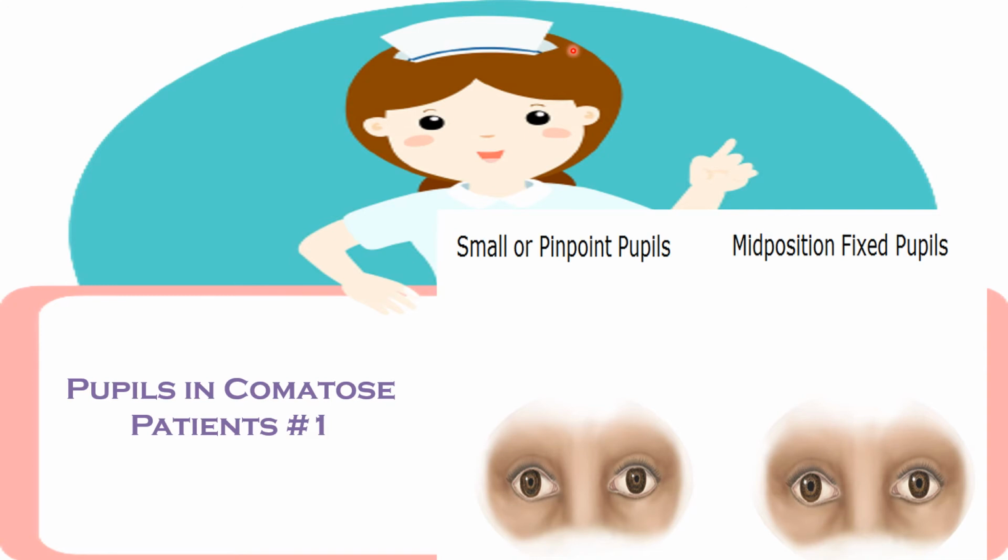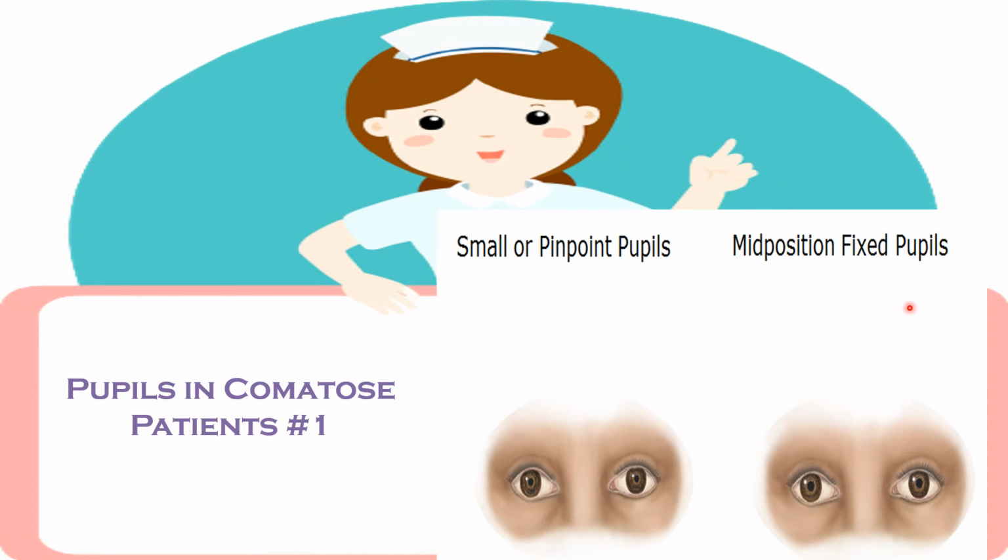Pinpoint pupils of less than 1 millimeter could suggest a hemorrhage in the pons or the effects of morphine, heroin, or other narcotics. The light reactions may be seen with a magnifying glass.